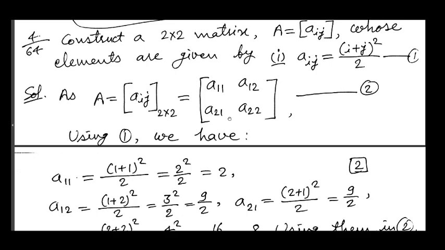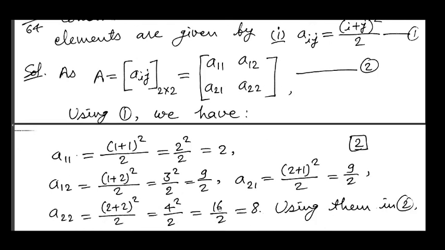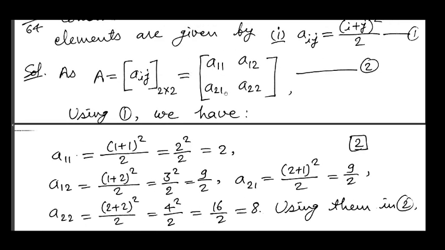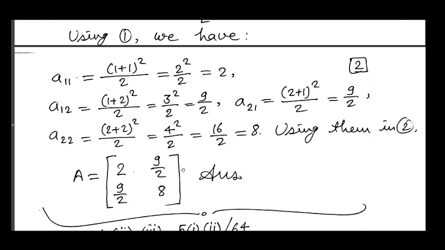When you need A21, what you do is put I equal to 2, j equal to 1, and when you need A22, you will be putting I equal to 2 and j equal to 2. In this way, you can calculate all the four elements. When you have calculated the four elements, you can put them in this equation number 2 and you get the matrix A as this.